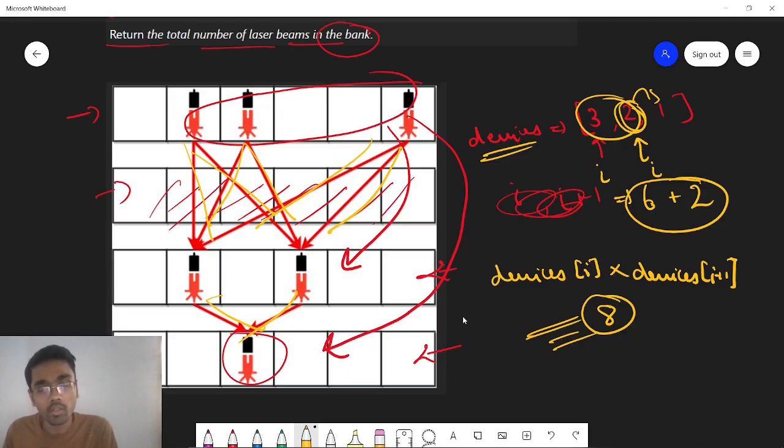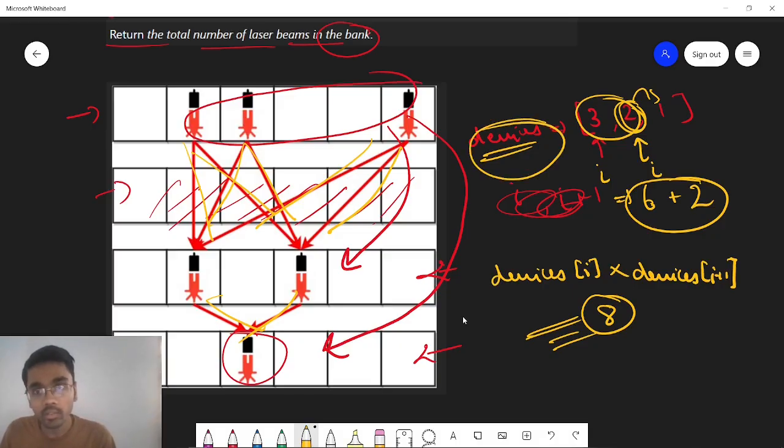So the solution is pretty simple. Just iterate over all the rows which have some devices, find the total number of devices in that row, and push that into a devices array. If the row has no devices, skip that row. Don't push 0 into the devices array. Continue doing it until we cover all the rows.